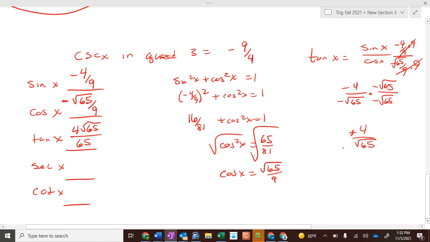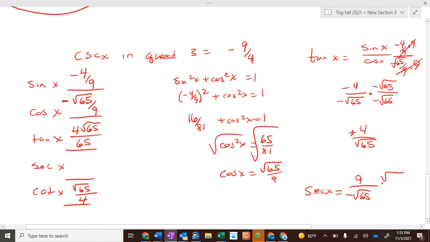Okay? Now, the reciprocal of that is cotangent, which is square root of 65 over 4. The last one to find is secant. Secant is the reciprocal of cosine. So secant is 9 over negative square root of 65.